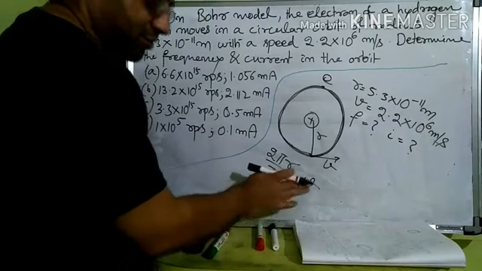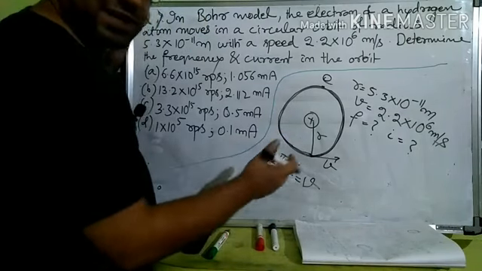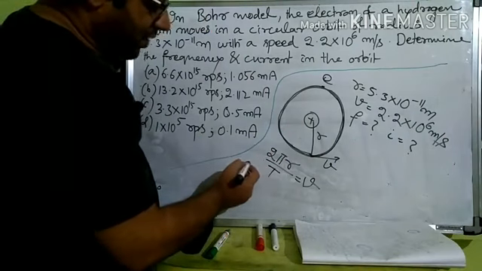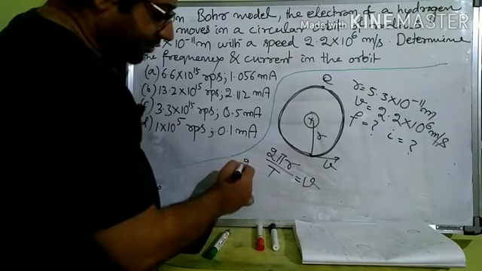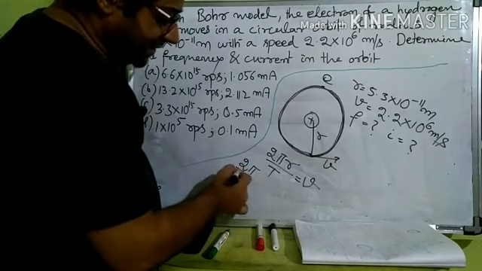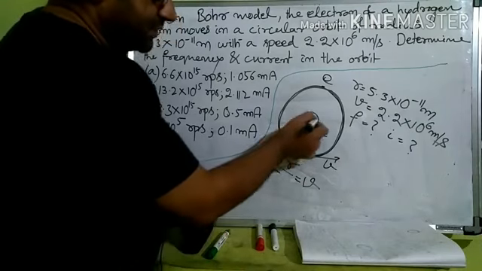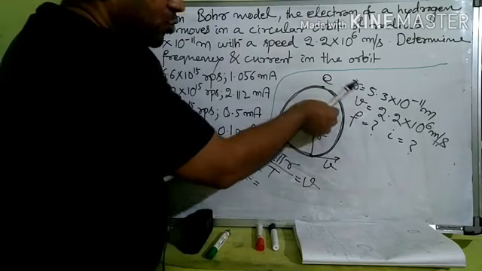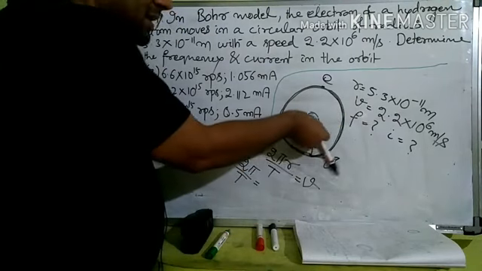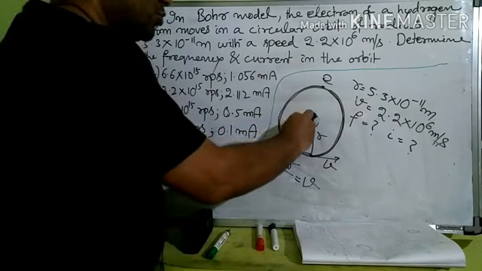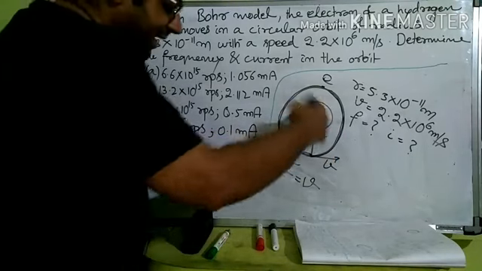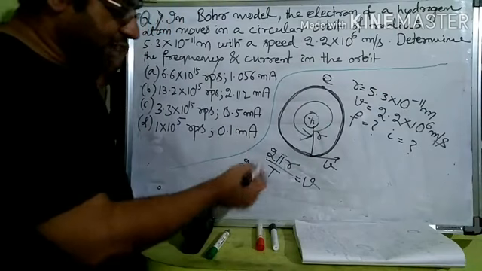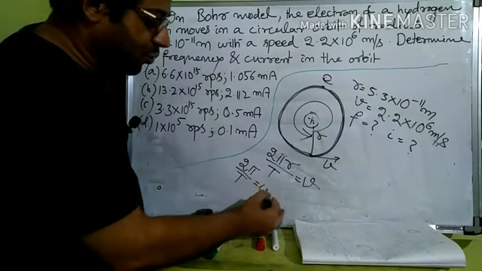Isn't it clear? You have learned these things, I am just reminding you. Now what is 2π by T? 2π radian is covered in time T when you travel and reach back here. So that is the angular velocity, called omega.